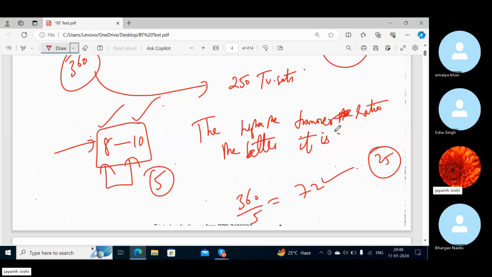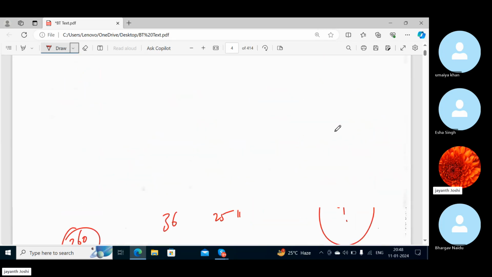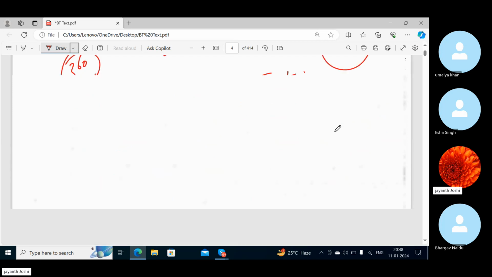Now all of you just have a look through these ratios. If you want to make some notes, you can. Immediately I'll move forward.